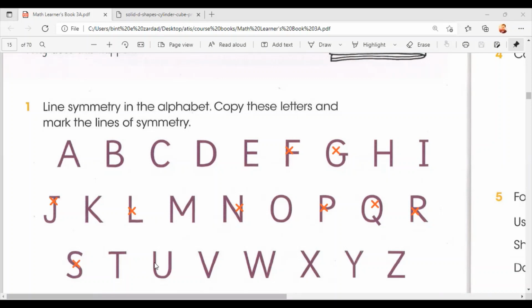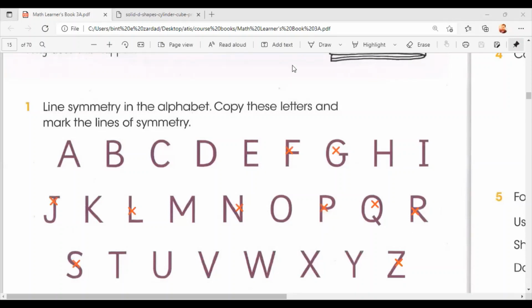T, yes, we can make it. U, V, possible. Y, we can make a straight vertical line. And Z not possible.